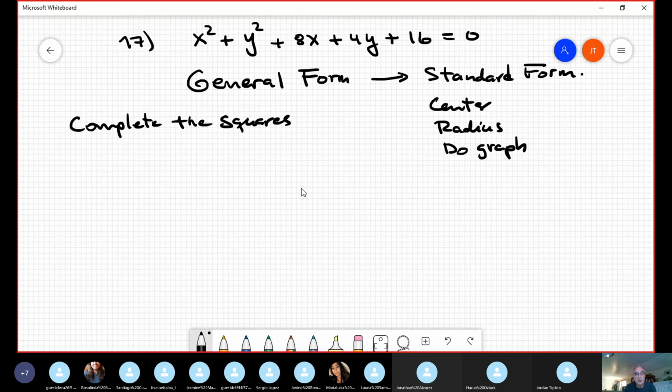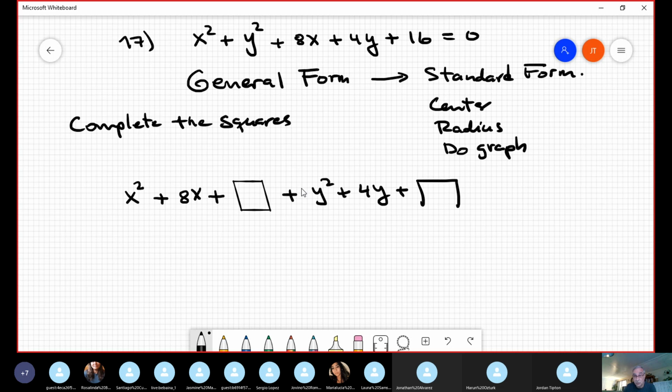Okay, so you separate the y and the x. I copy x squared plus 8x plus a box. And remember, inside the box I copy the magic number. I separate y squared plus 4y plus another box, another magic number: the magic number for the x, the magic number for the y.